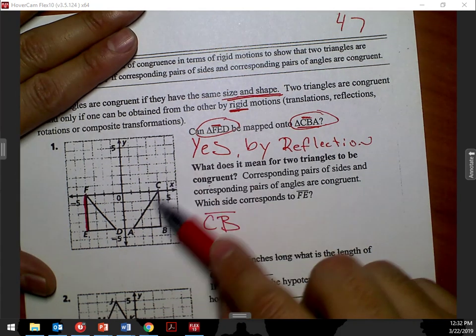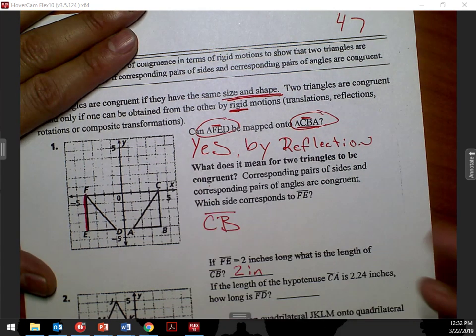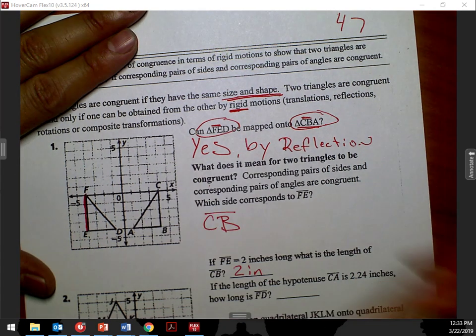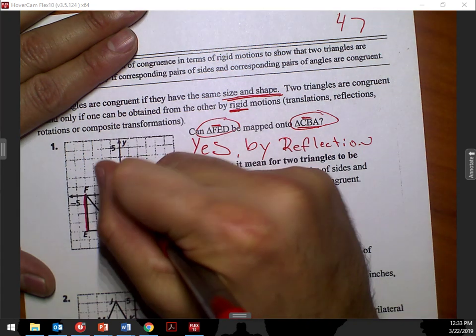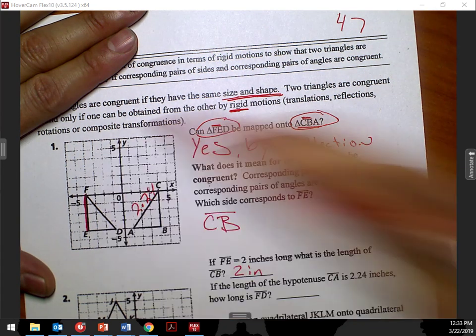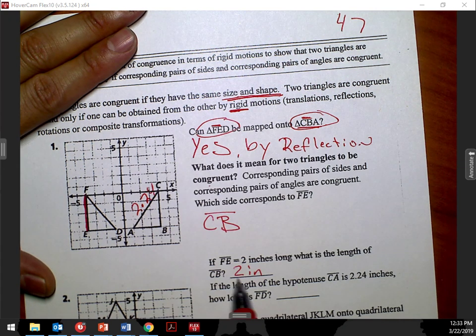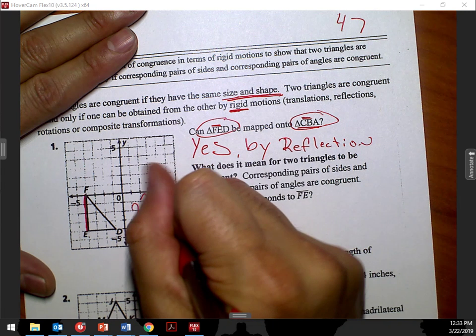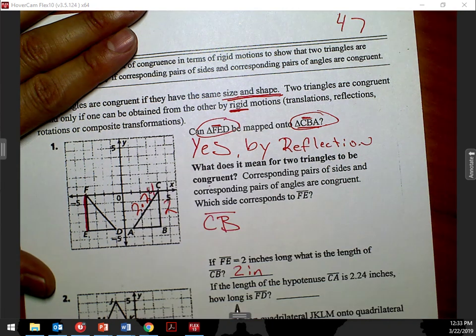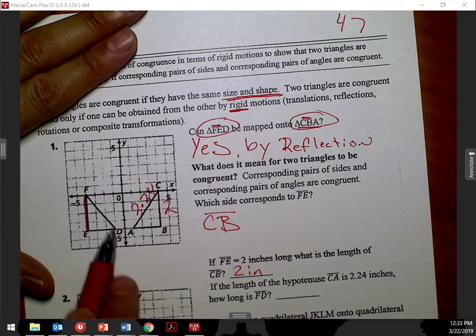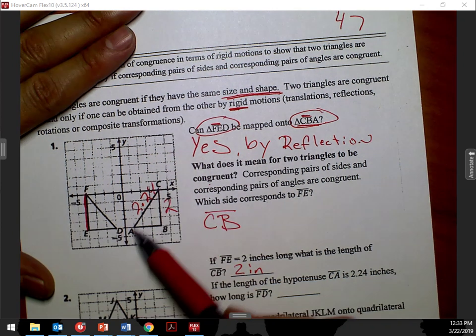CA, right here, is going to be 2.24 inches. And we said that CB is 2. How long is FD? Look right here. FD is going to be 2.24, right? Because it corresponds with CA.